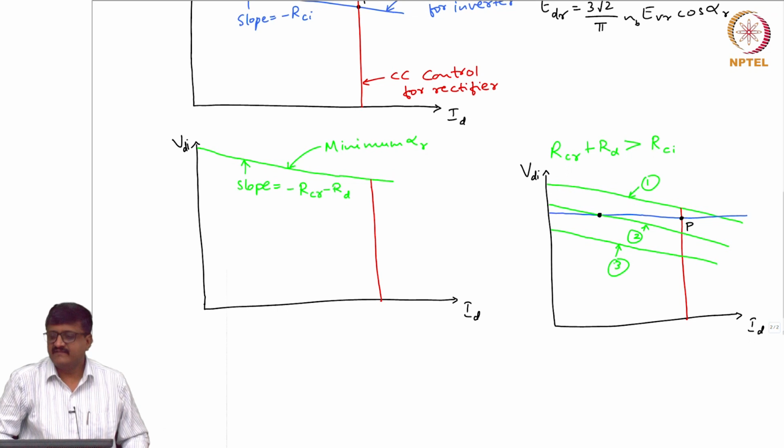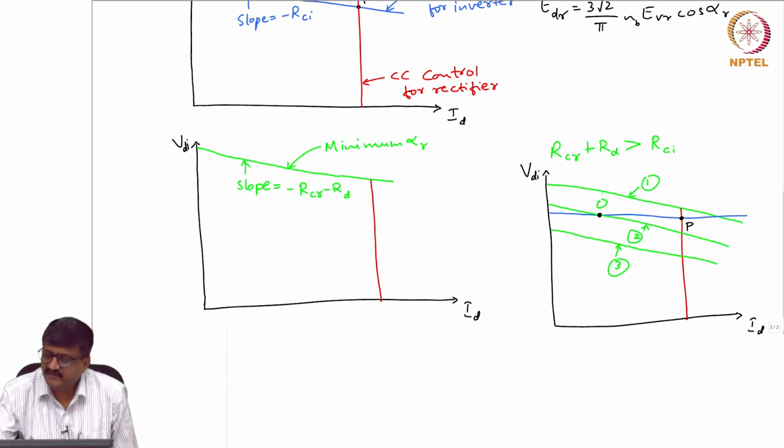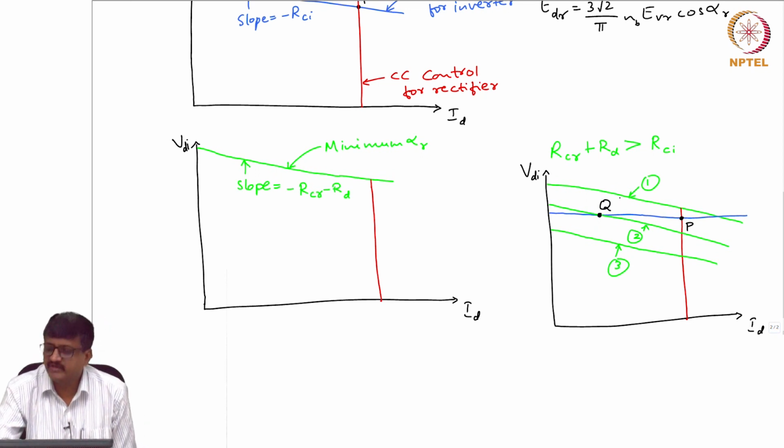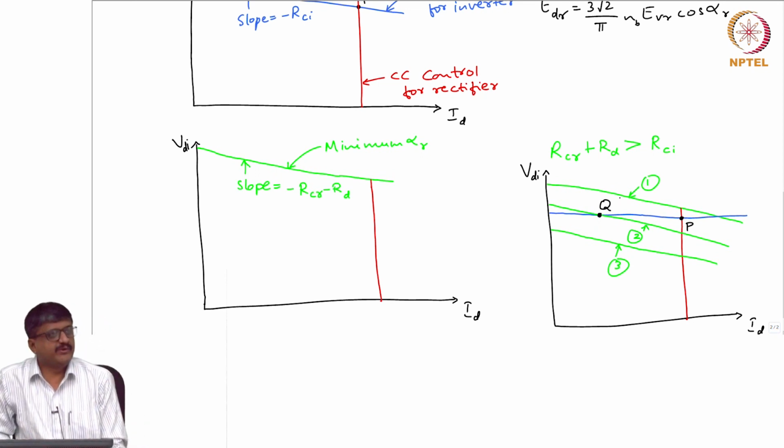Say from 1 to 2, if I look at the original condition P, the new case is operating at say Q. From P to Q itself, there is a reduction in the current. Now, when the condition worsens to 3, then ID would have become 0. ID can't be negative, ID is 0.